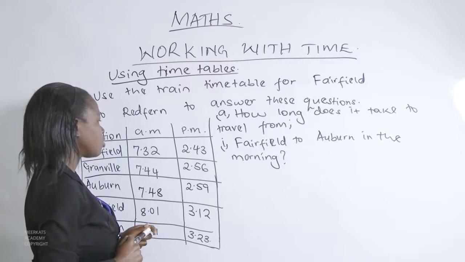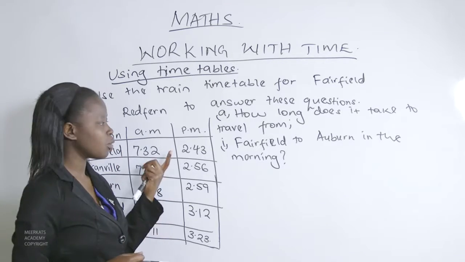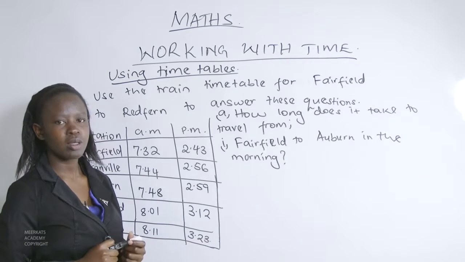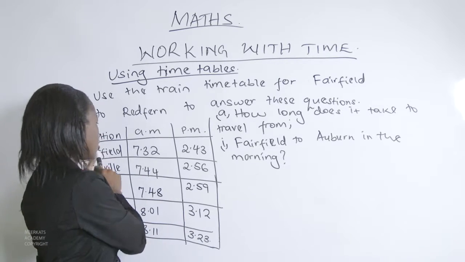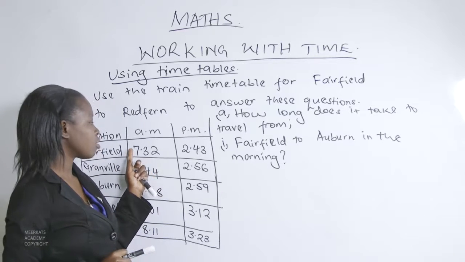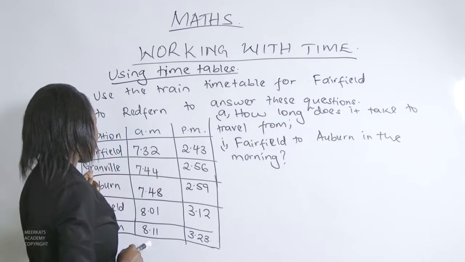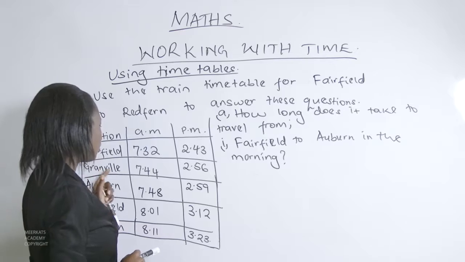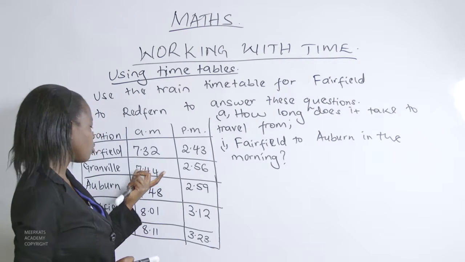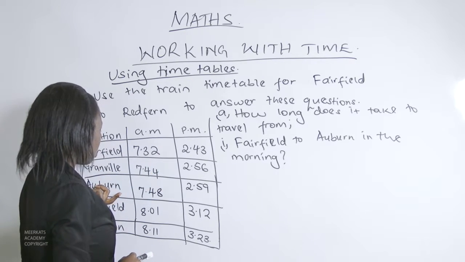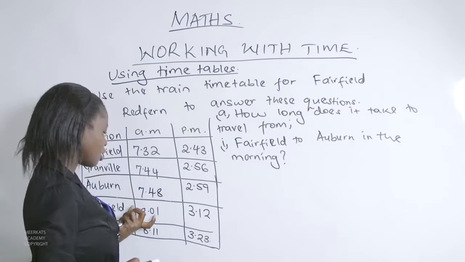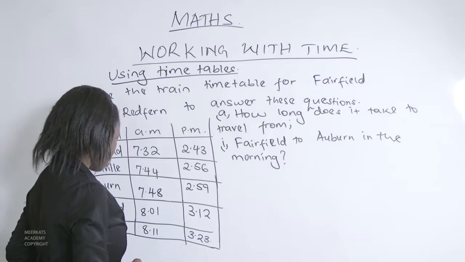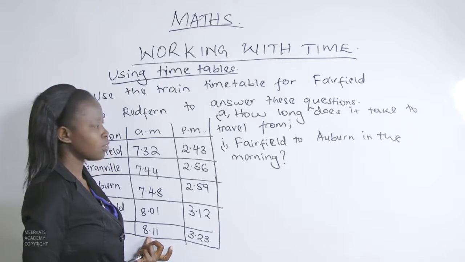So we have the schedules for the morning and the schedules for the afternoon. In the morning at Fairfield, it leaves at 7:32. Then Granville, we have 7:44. Auburn, we have 7:48. Ashfield, we have 8:01. Then Redfern, we have 8:11. That is in the morning.